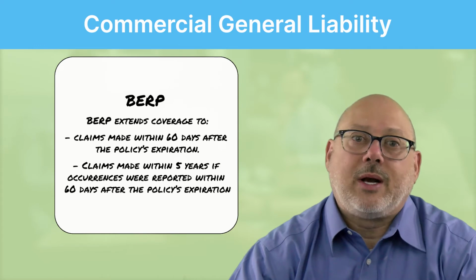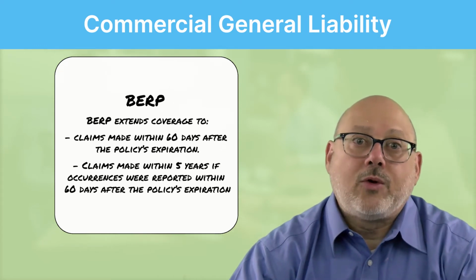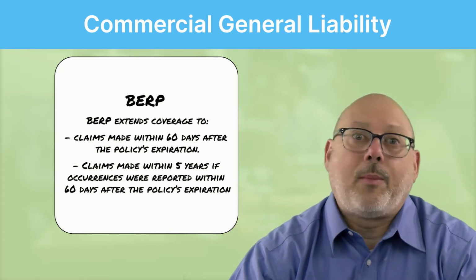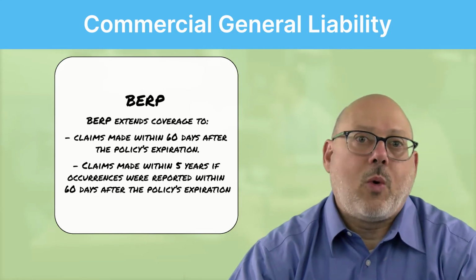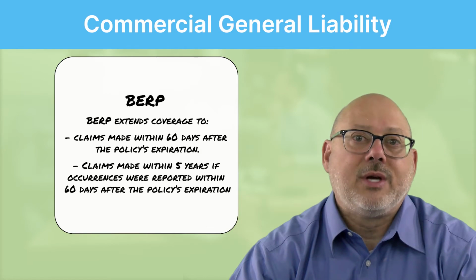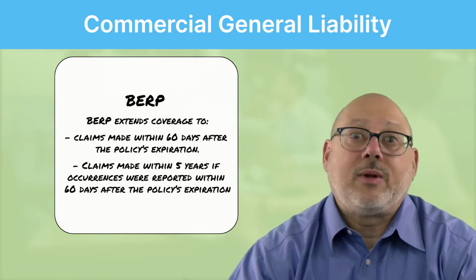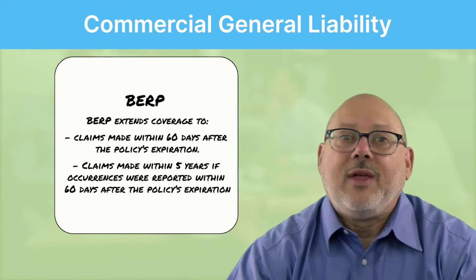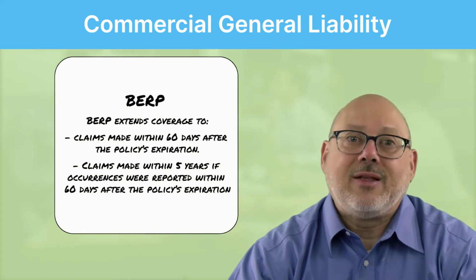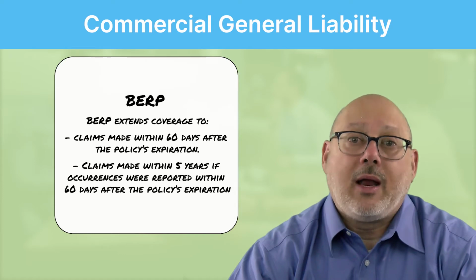The insurance industry loves abbreviations, and we refer to the supplemental extended reporting period as SERP. If the insured wishes to acquire the supplemental extended coverage, they must do so in writing within 60 days after the policy's expiration. The effect of this option is to extend the filing of a claim to an unlimited duration.